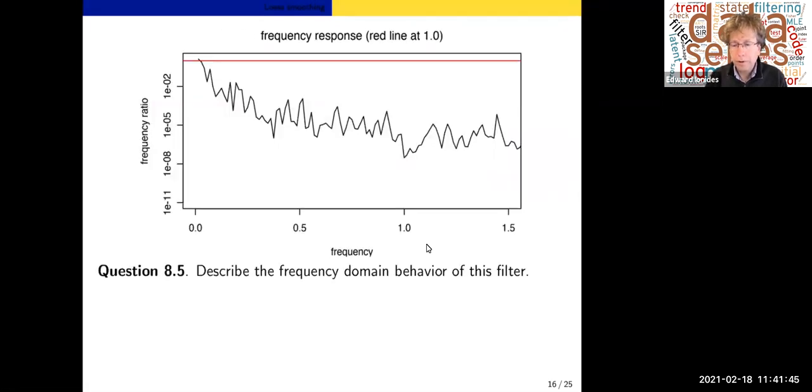Here we go, and I've put a horizontal red line at 1, and how are we going to describe what this filter has done? Well, this filter, like most smoothers, is what we call a low-pass filter. That means it lets low frequencies through.